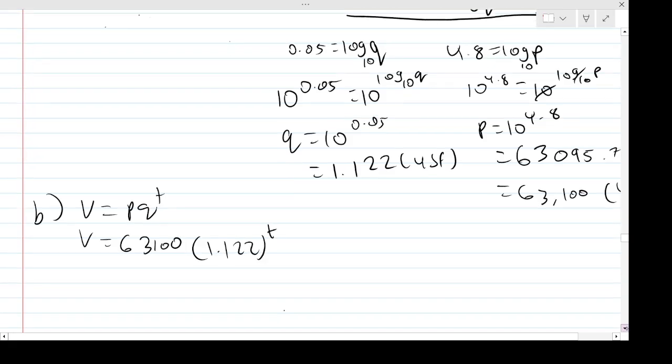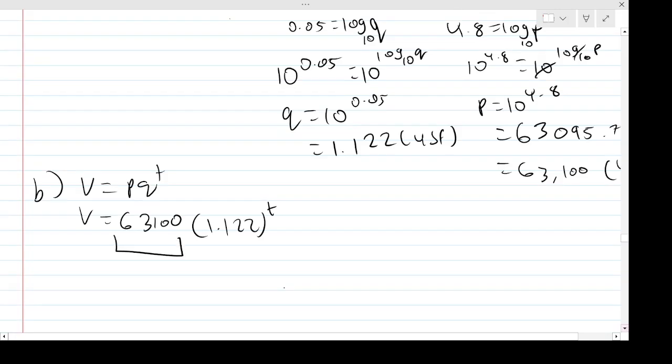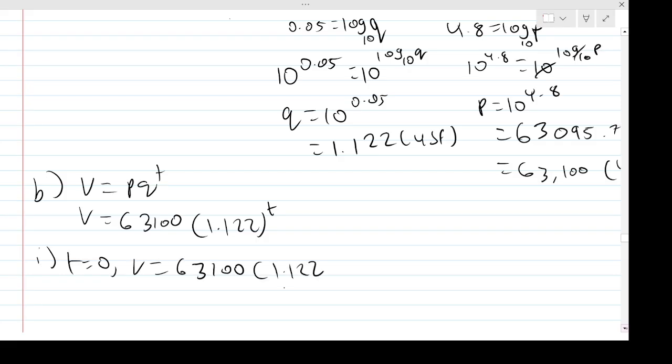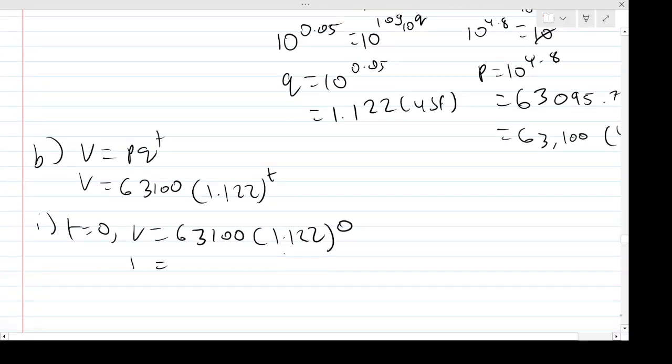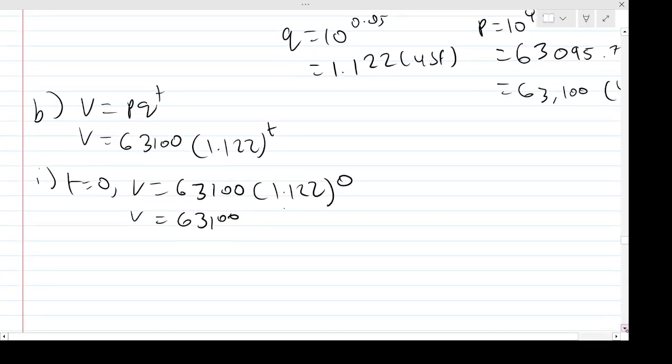Right, so again, then the value of P, which is the 63,000 here in front, that's the sort of initial value, right? That's going to be when, if I set T to 0, then V is going to be 63,100 times 1.122 to the 0. Of course, anything to the 0 effectively goes to 1, so that would just be 63,100. And so yeah, this is the initial value of V, or the initial value, more specifically, of the value of the painting.